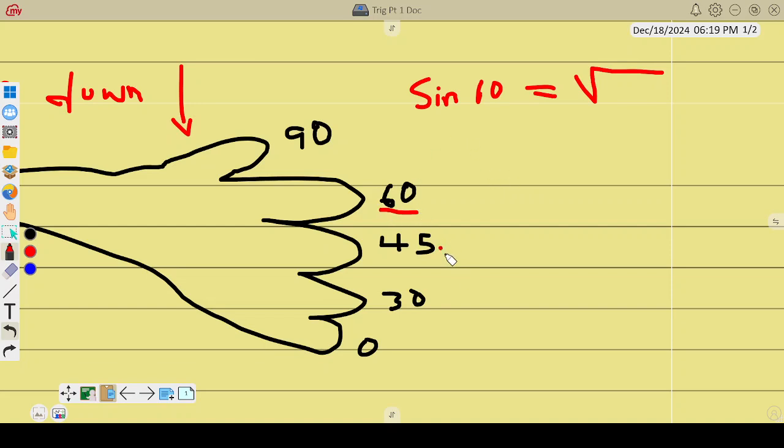We have 1, 2, 3. So we're going to say square root of 3 over 2. The over 2 is just general: square root of something over 2. So from now on, you should always know that sin 60 is square root of 3 over 2. Okay, let's do another one.